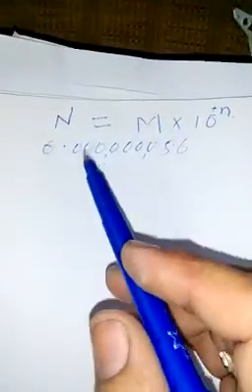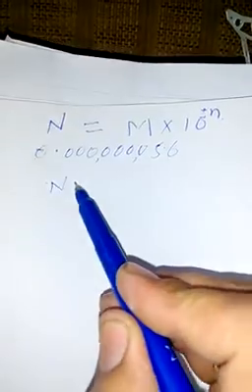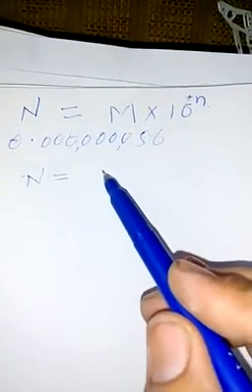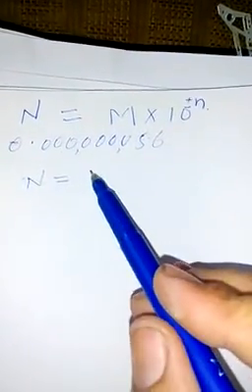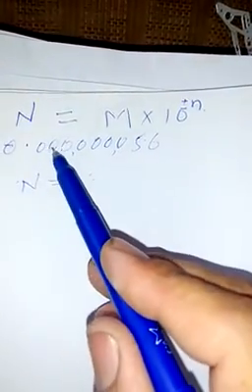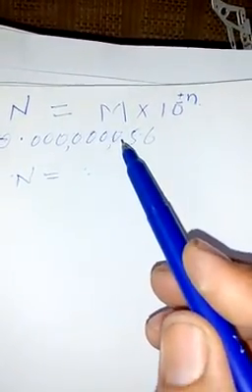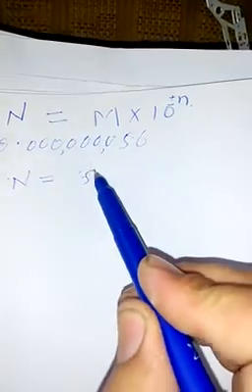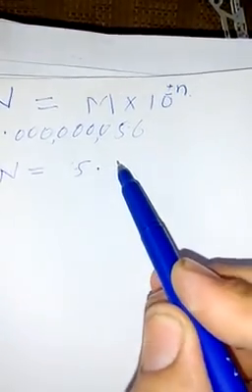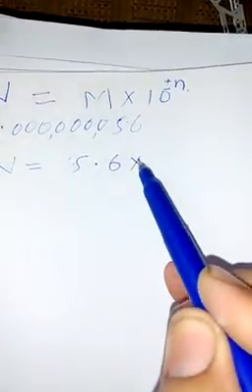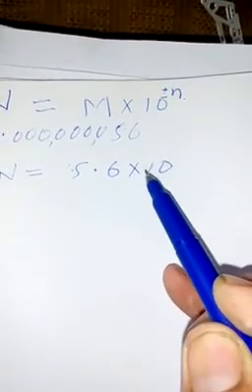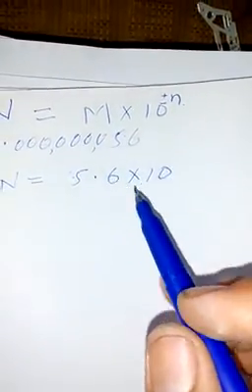So in this case, we give this number as n, the scientific notation for this number, and then we count how many shifts: 1, 2, 3, 4, 5, 6, 7, 8. So we place the decimal point just after the first non-zero digit, and the number of shifts will be represented as power of 10.